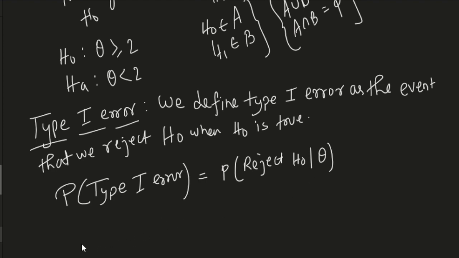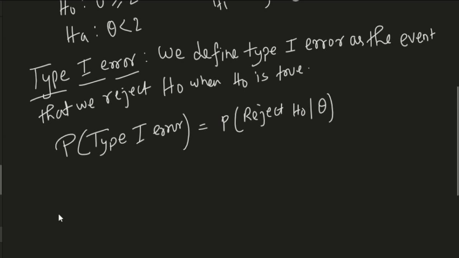Now, one more thing is level of significance or significance level, which is usually denoted by alpha.